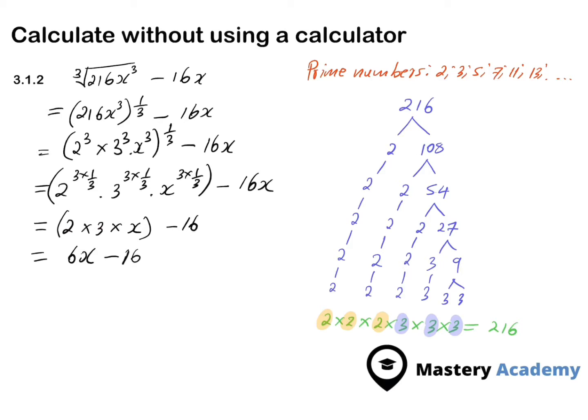Therefore, we minus 16x. Oops, I forgot to put an x here. Remember to put that x. And therefore, this whole thing becomes minus 10x. So we've solved the question. So the cube root of 216 x to the power of 3, all of this under the cube root, minus 16x is equal to minus 10x.